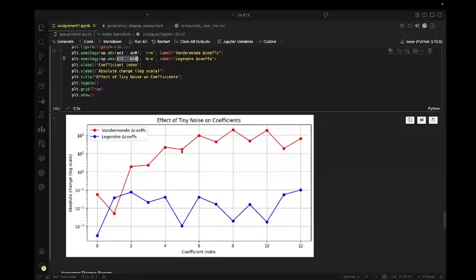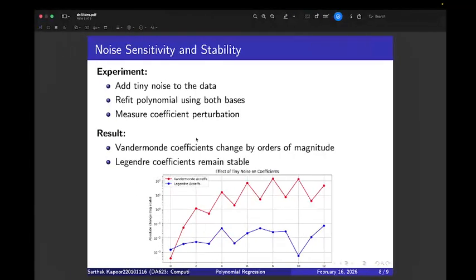These differences are very high, reaching up to hundreds, around 10 to the power 2 orders of magnitude, while for Legendre the differences between the coefficients are very small, which indicates that small noise does not affect the coefficients much, and it is much more numerically stable compared to the Vandermonde case. So this is the noise sensitivity and stability. The Legendre coefficients remain more or less stable, while the Vandermonde coefficients change a lot.